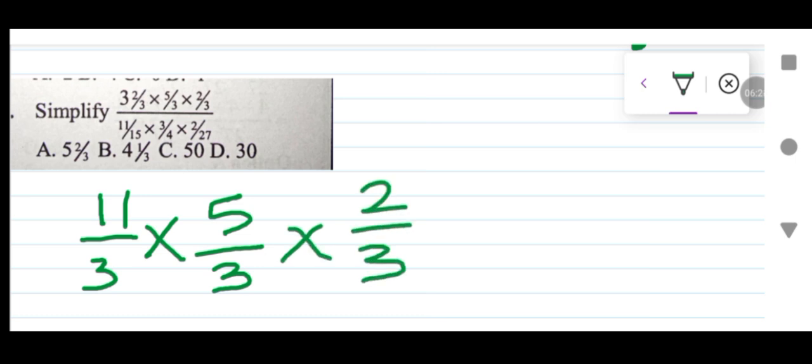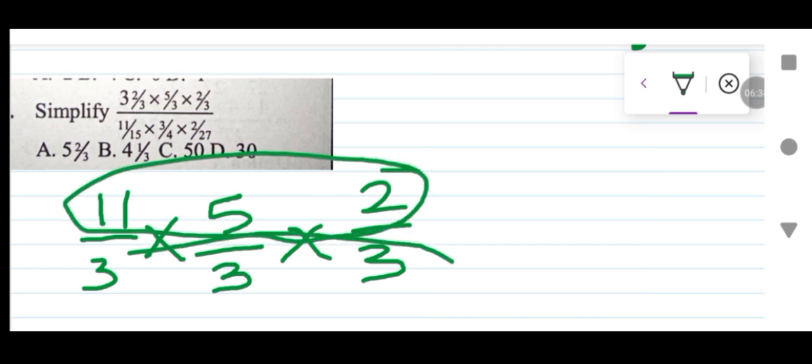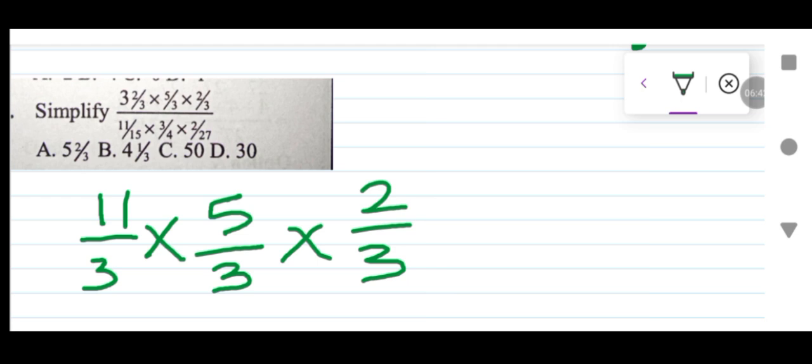So look for the numbers that can divide numerator and denominator at the same time. So looking at this numerator and looking at this denominator, do we have any number that can divide both of them? No. So I can't see any number right there. So let's just leave it that way. Now let's go for the denominator.